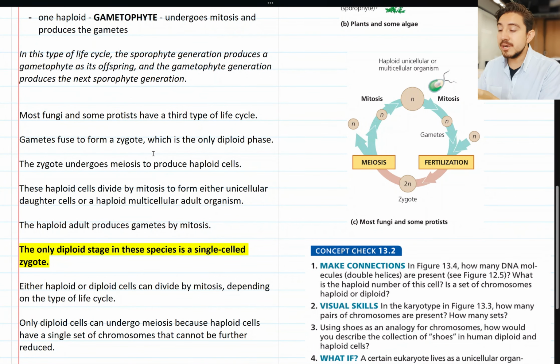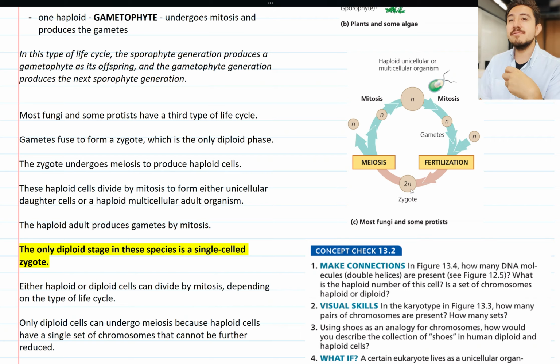And then you have fungi and protists. They have another type of life cycle where the gametes fuse to form a zygote, and this is the only diploid phase. There's no real form of mitosis and an individual forming complex structures.